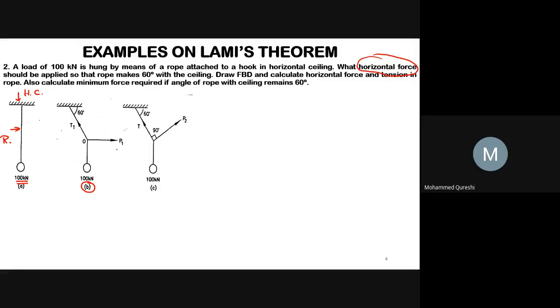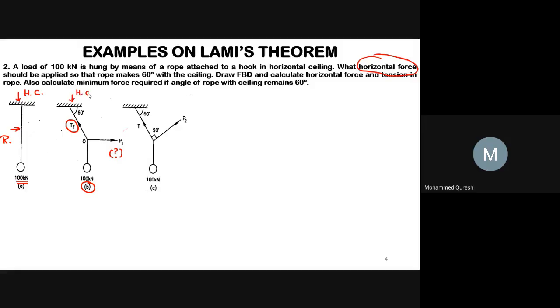Means we have to calculate the horizontal force that we have to apply. And in such a case, your rope, that is T1, the tension in the rope or string, makes 60 degree with the ceiling. This is your horizontal ceiling.